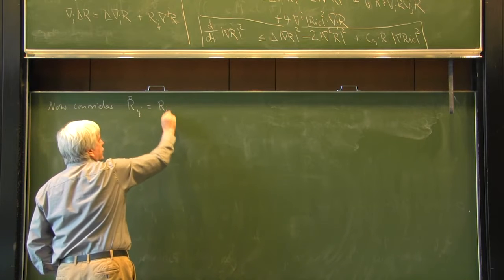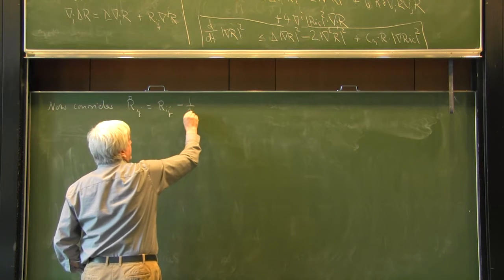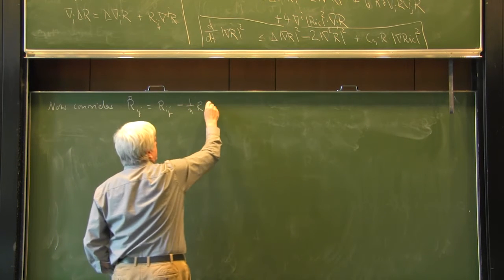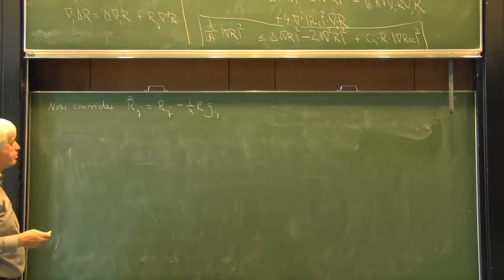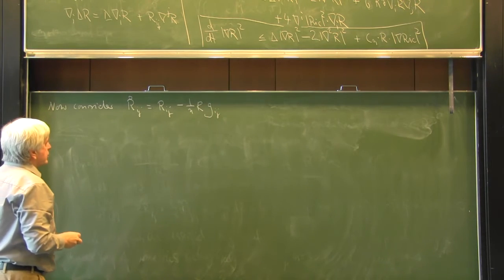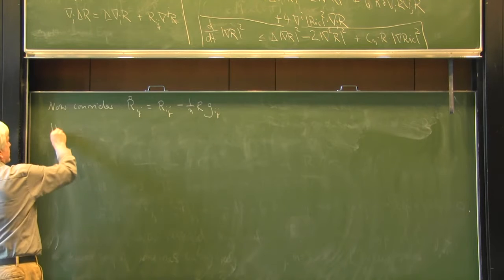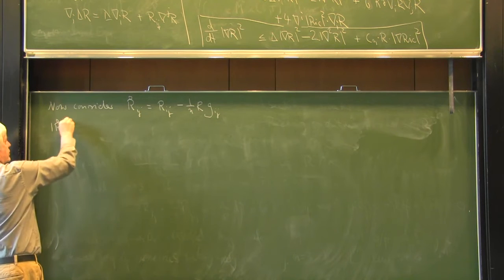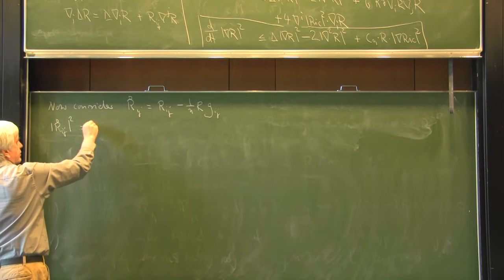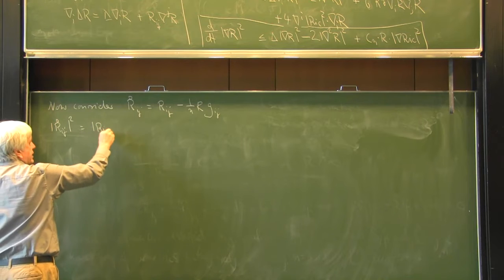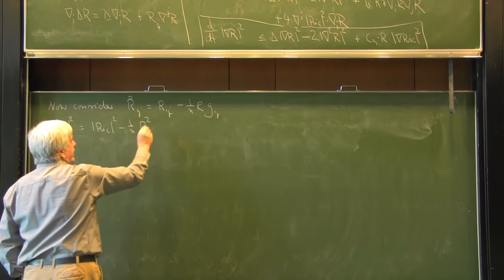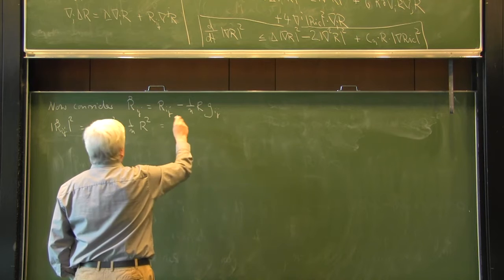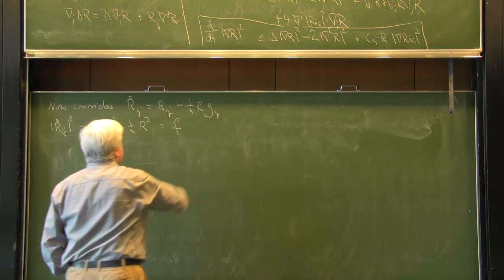Remember, this was Ricci minus 1 on n times R times the metric, and such that the norm of the trace-free Ricci tensor is equal to the Ricci tensor squared minus 1 on n R squared. Let's call this function f for a moment.